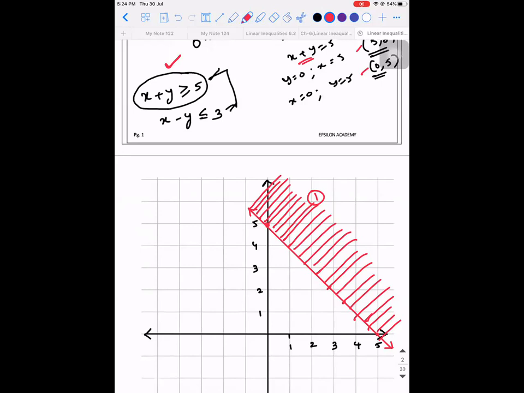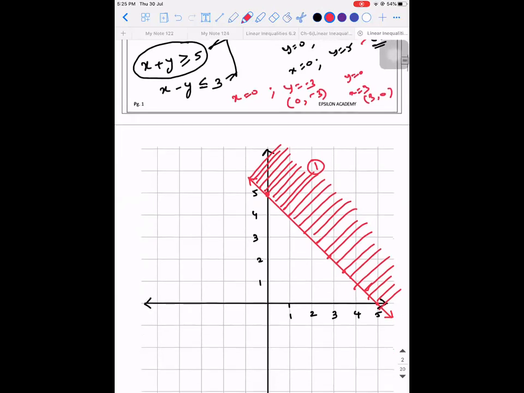So actually, when you put x is equal to 0, y is equal to minus 3. So 0, minus 3. When you put y is equal to 0, you get x is equal to 3. So you get 3, 0. So 3, 0, I'll use another color. Observe, okay? So I'm using 3, 0 here.